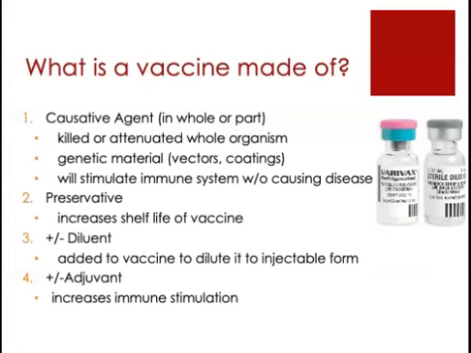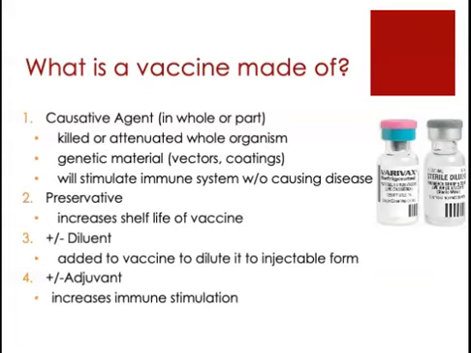Well, the answer is we deliver that DNA into the host cell so that the DNA can be used to make viral protein by the host cell. Host cells will then secrete that protein, and the protein, the viral protein, will stimulate the immune response.